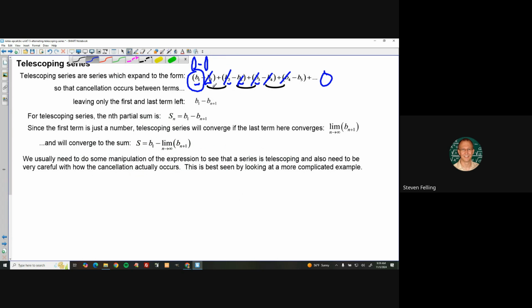Then you can evaluate what happens as n goes to infinity and determine whether this sum converges to a number or not.